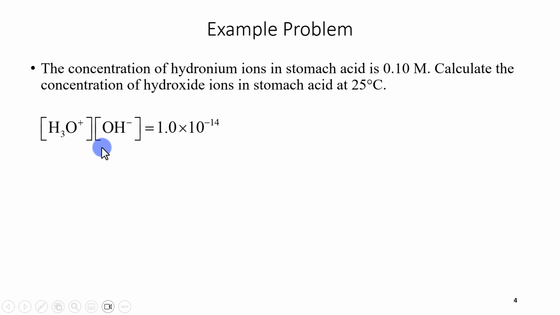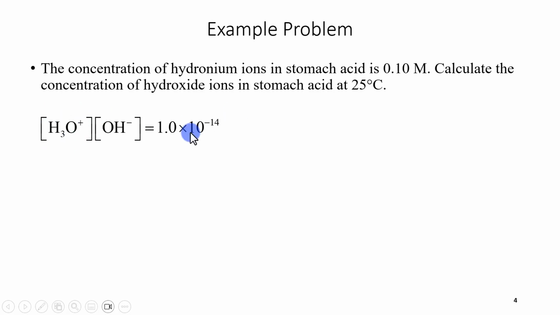We can rearrange this equation since I'm solving for OH minus and I'm multiplying it by H3O plus. To isolate this, all I have to do is do the opposite of the operation that's already there. So if this is a multiplication, then I divide. So to isolate OH minus, I divide both sides by H3O plus.